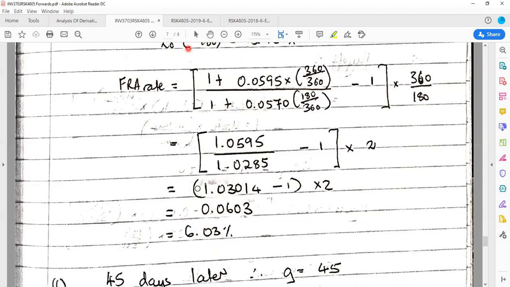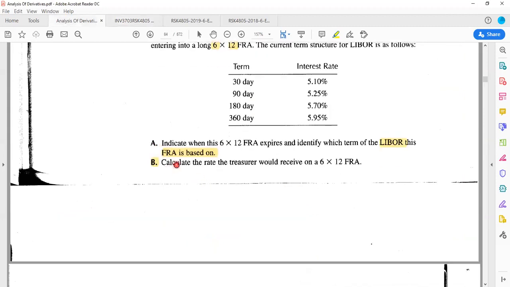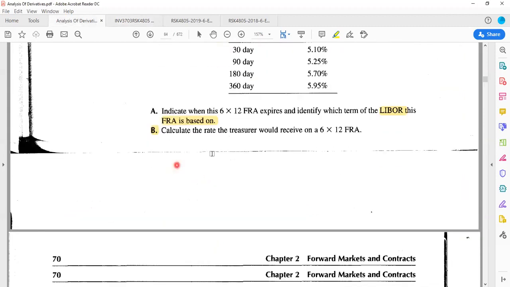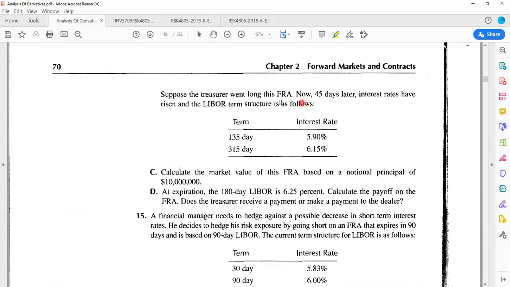And then part B says calculate the, okay, we did part B. And then part C says, suppose that the treasurer went long on the forward rate agreement and that 45 days have passed since the beginning of the contract. And these are the new term structure of interest rates. So 45 days later, to borrow money for 135 days is 5.9%.